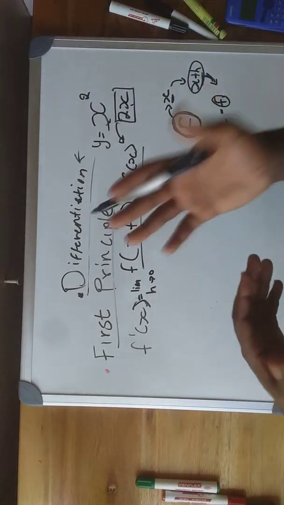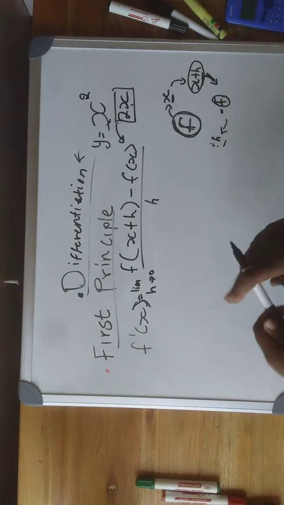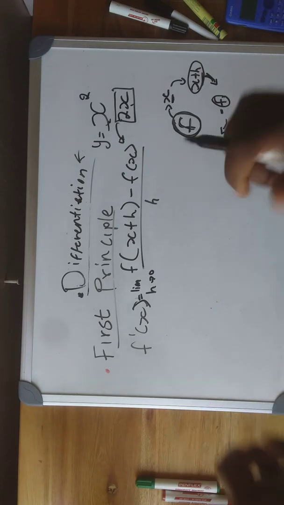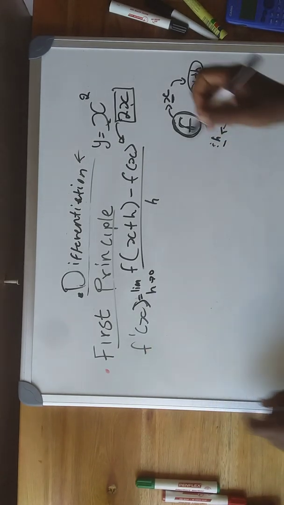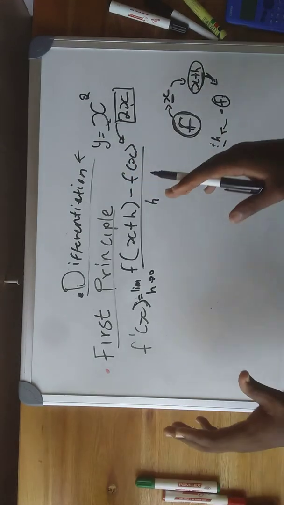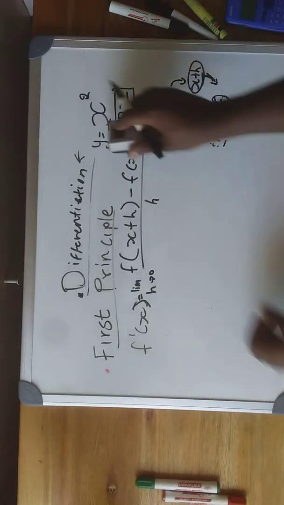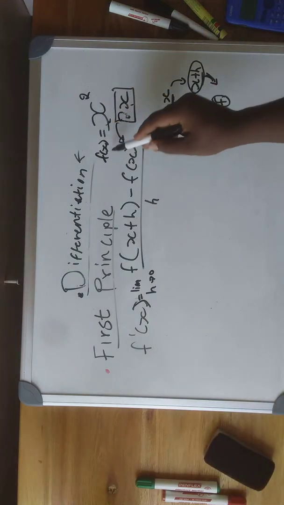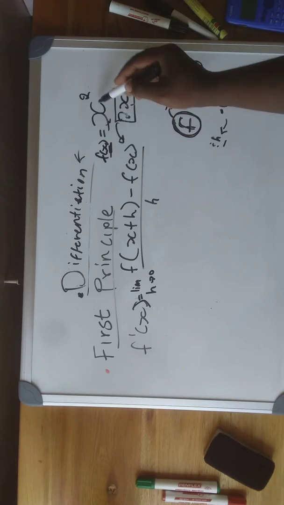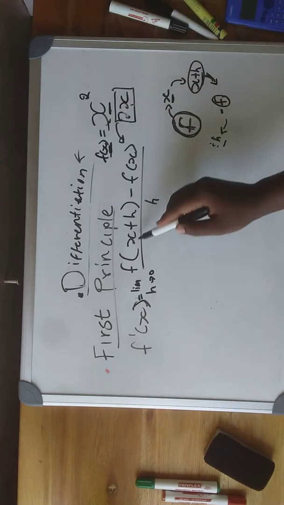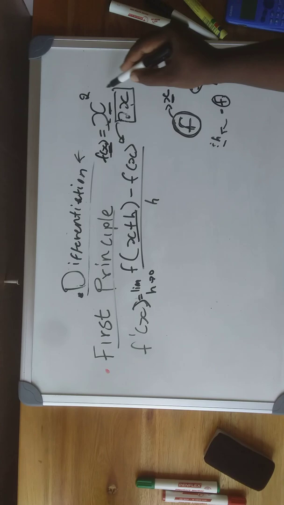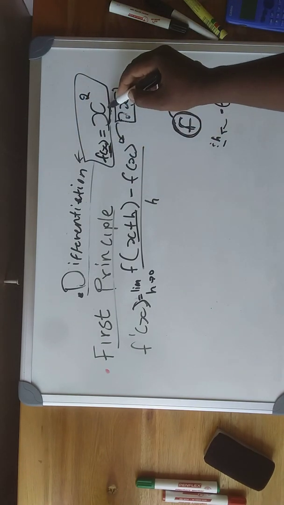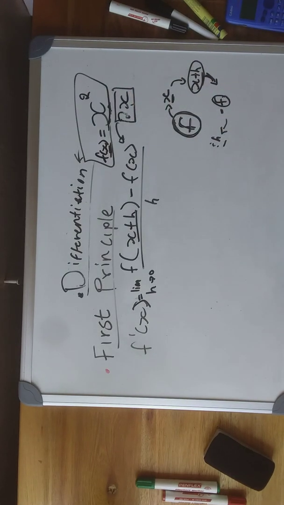So if in an exam paper you come across a question like this, in the equation of f, because they're gonna give you f of x, where you see x, you put x plus h, and then you minus the real equation which you have been given, and you divide everything by h.